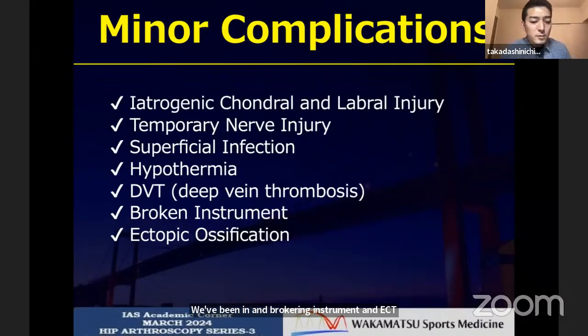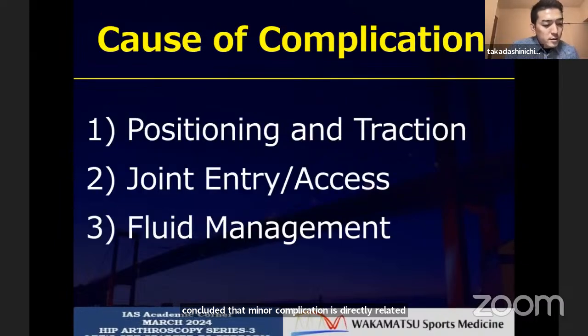Iatrogenic injury and nerve injury were the two most common minor complications, and they concluded that minor complications are directly related to the learning curve of hip arthroscopy. There are three major causes of complications during hip arthroscopy. First, positioning and traction; second, joint entry and access; and third, fluid management.